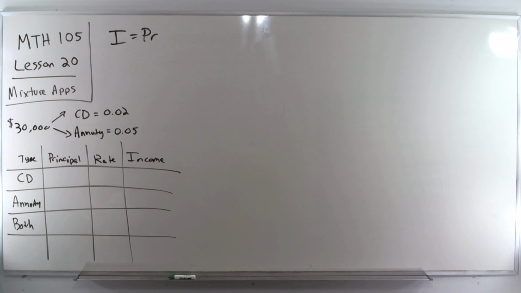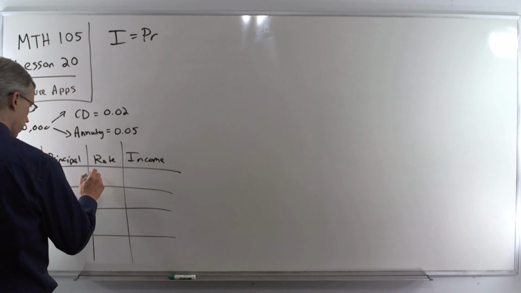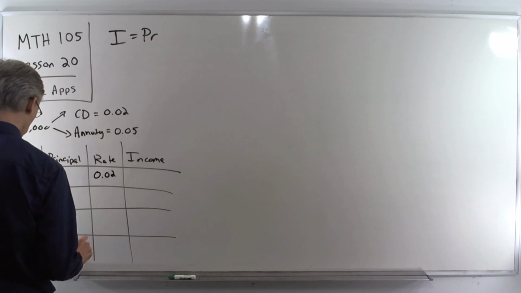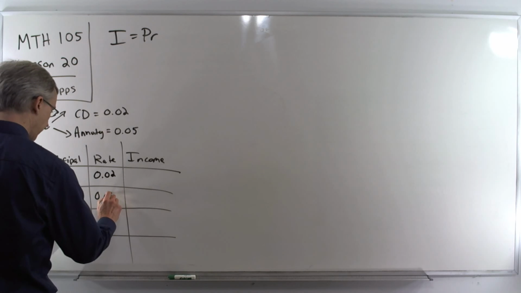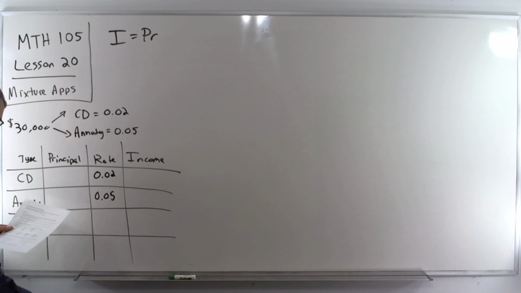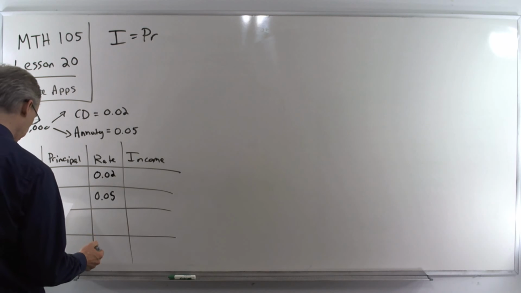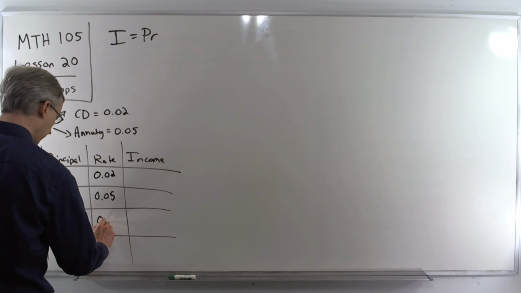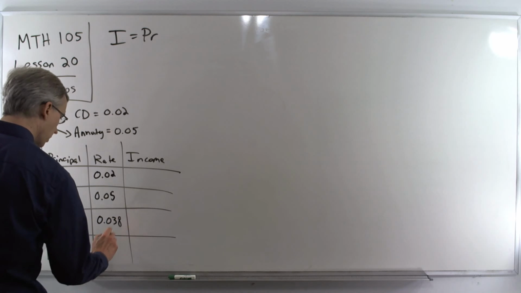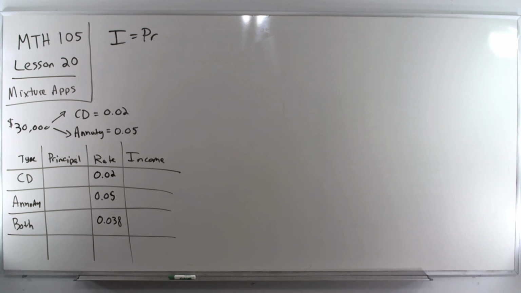So for the CD, we know that the rate is 0.02, the annuity is 0.05, and now for both of them together, we're targeting a rate of 3.8%. And as a decimal, that is 0.038. Now we do not know how much is going into the two accounts. So that's what we're going to be solving for.